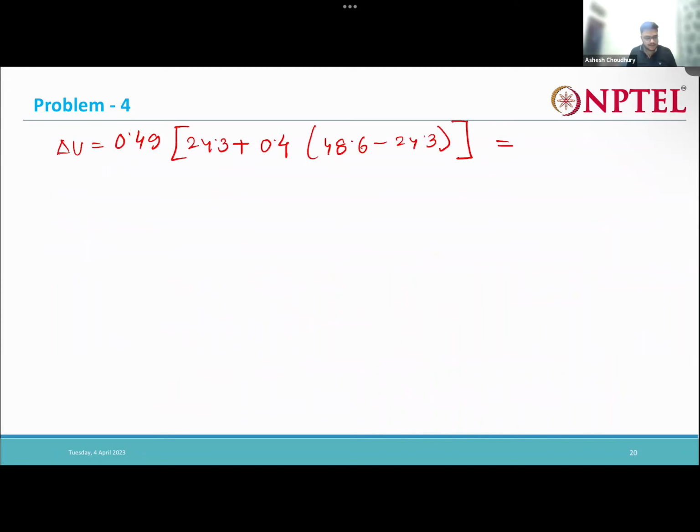So please calculate delta U: 0.49 into 24.3 plus 0.4 into 48.6 minus 24.3.